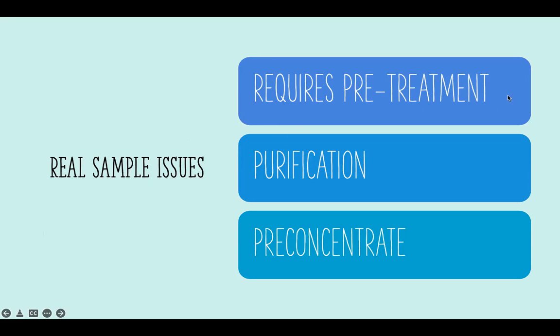You have to think about whether you need to come up with a pre-treatment. Because the purpose of having biosensors or chemical sensors, again, is that we want to bring it to the site. So if the pre-treatment of the samples requires a lab, then it's not going to be practical.